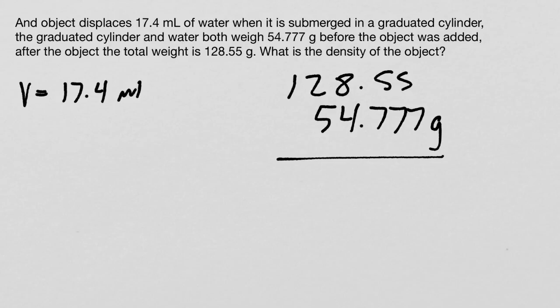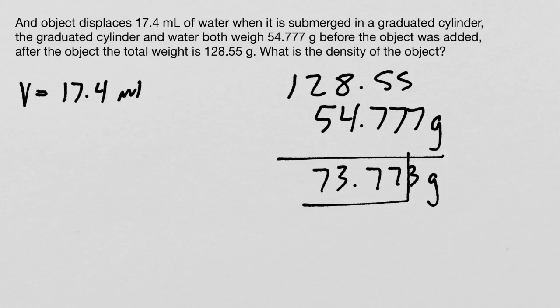They don't just outright tell us in this problem what the mass is, so we have to subtract, taking the difference of these two numbers to find the mass of that object. So the object itself is 73.773 grams, and we can only keep 4 sig figs here, and keep that in mind for our density.